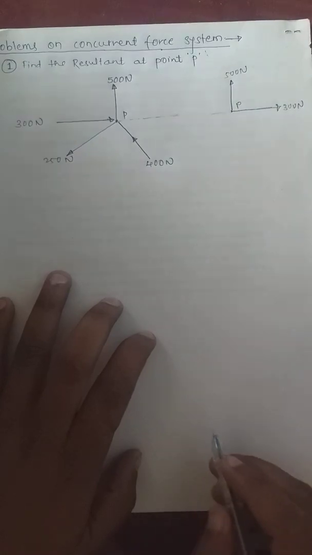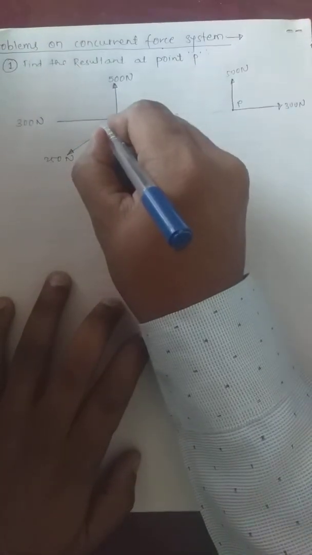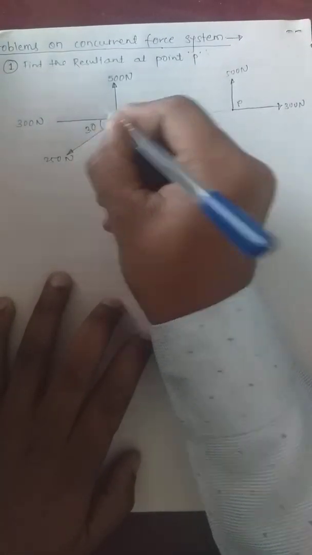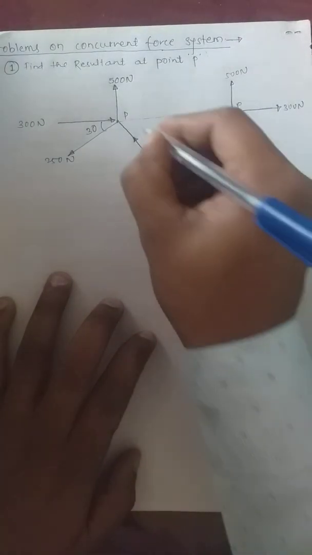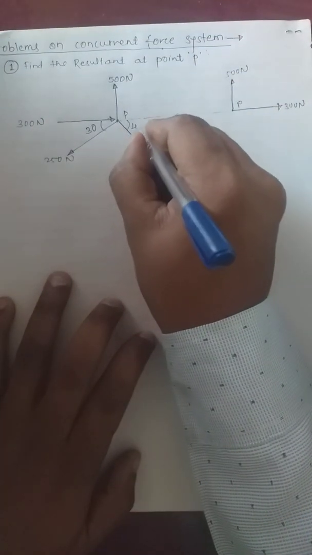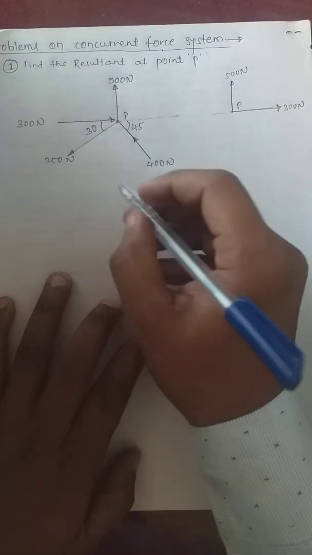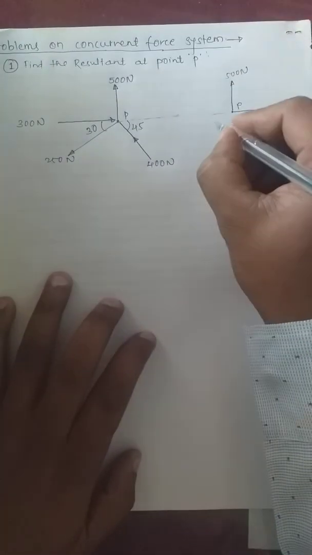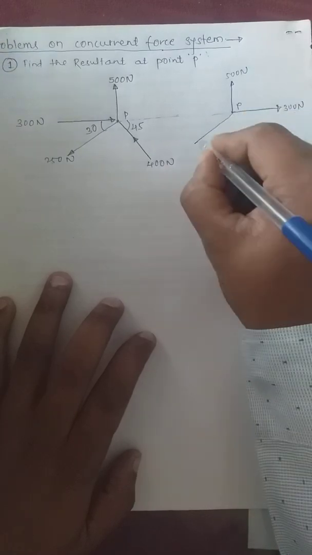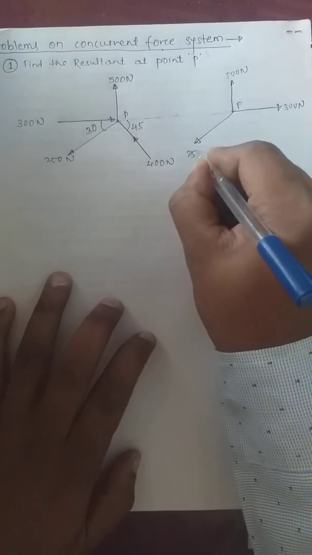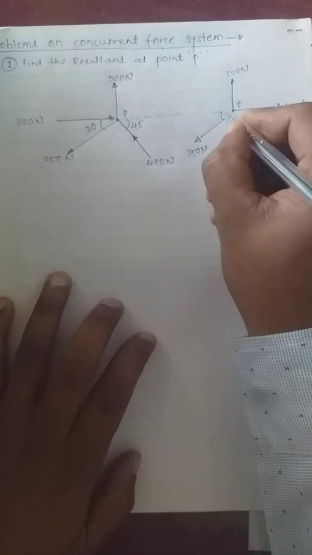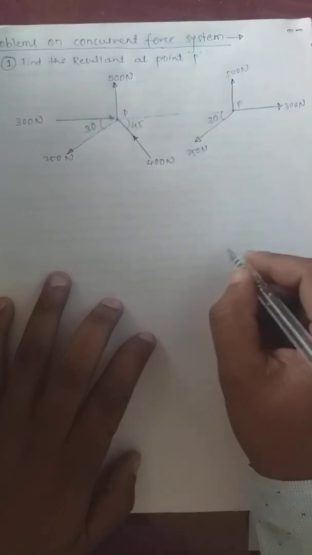Okay, now the angles are also given. This angle is 30 degree. This angle is 30 degree. And this angle is 45 degree. Similarly, the 250 Newton will be as it is. The angle with respect to the x-axis is 30 degree.